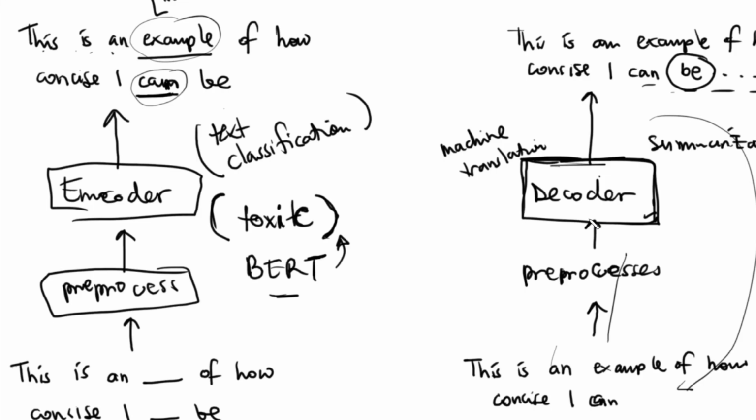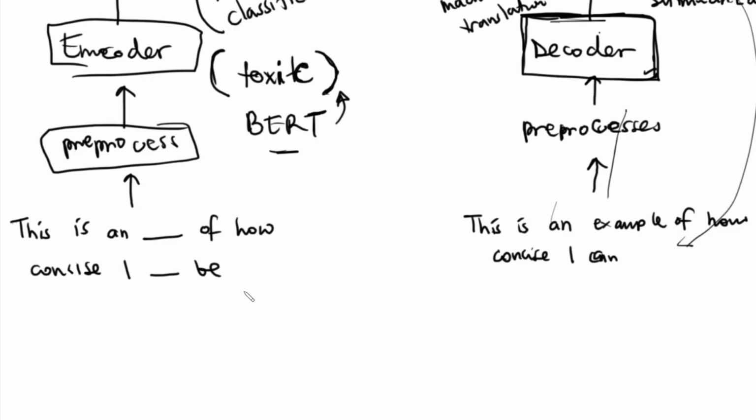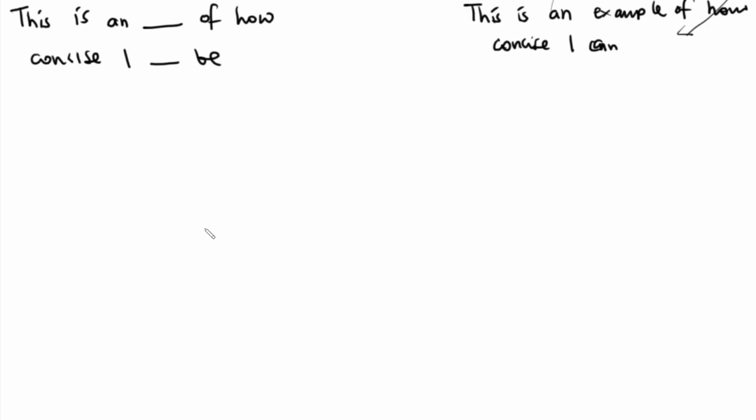These GPT models are also good at what is called zero shot and few shot learning. You might be wondering what zero shot is. Let's just give quickly an example here. If we're doing text completion, this is going to be our input and this is going to be our output column.